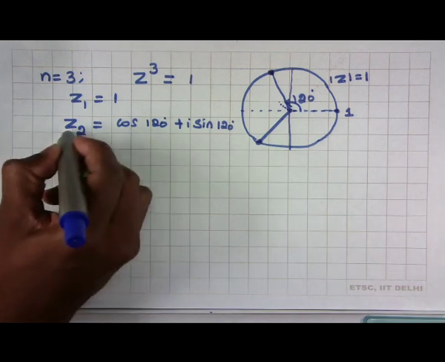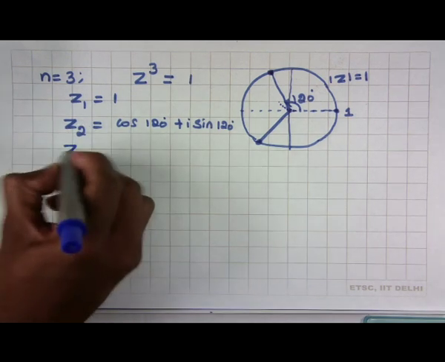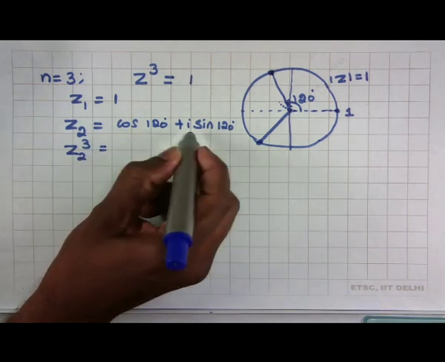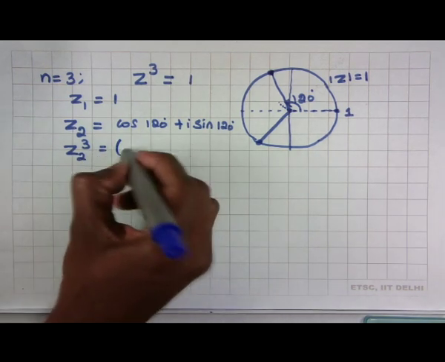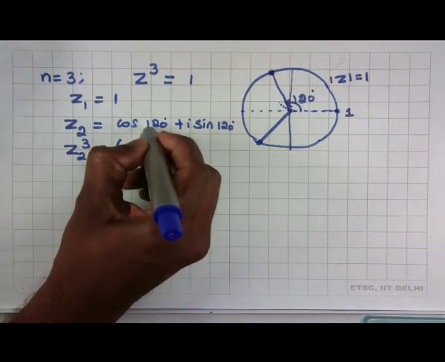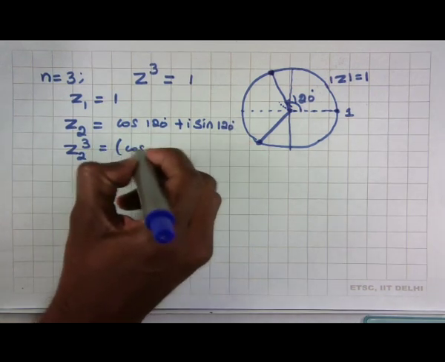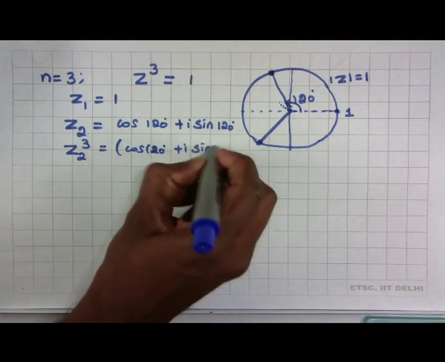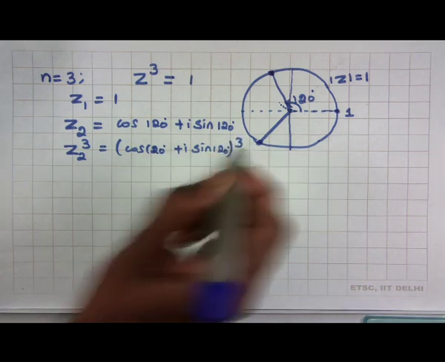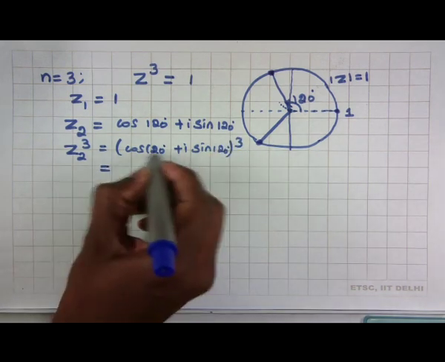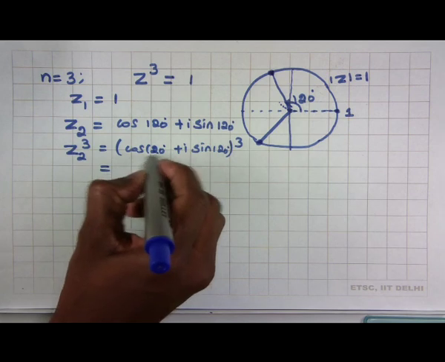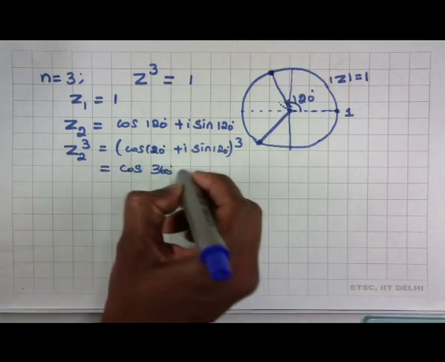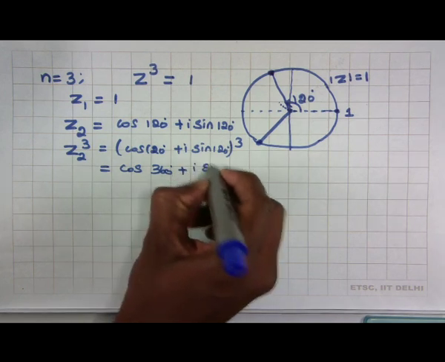Now, if you raise the power 3, by the de Moivre's formula, the power will be multiplied to the argument. So, cos 120 degree plus I sine 120 degree to the power 3 is going to be multiplied for each argument, which gives us cos 360 degree plus I sine 360 degree.